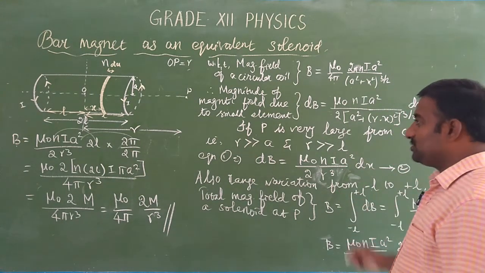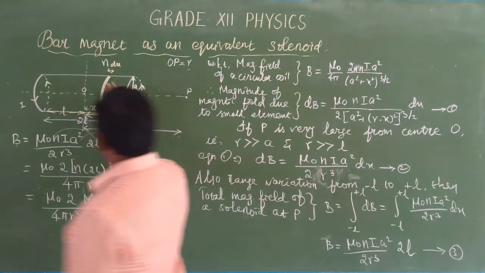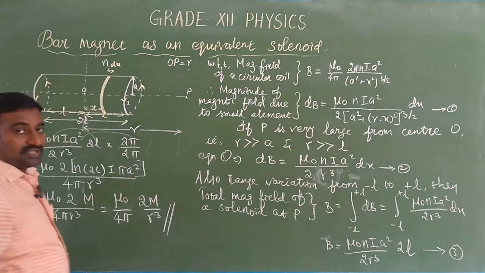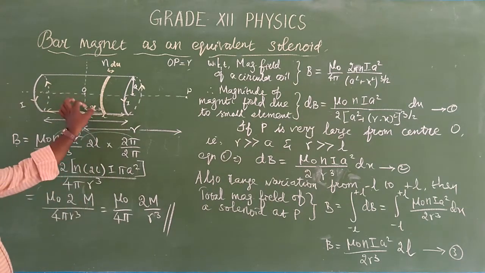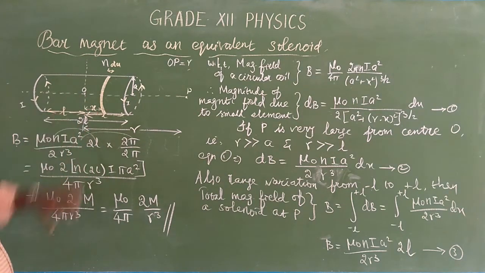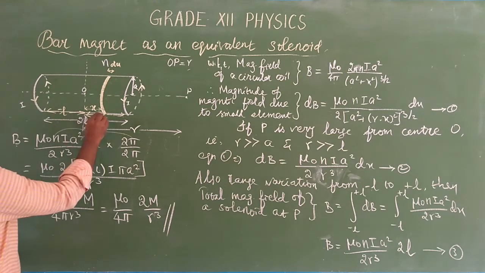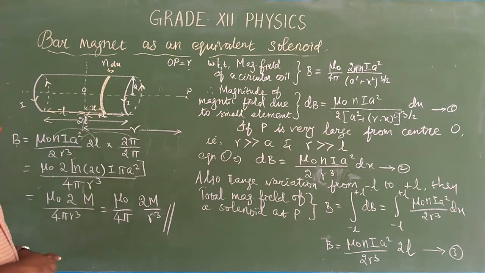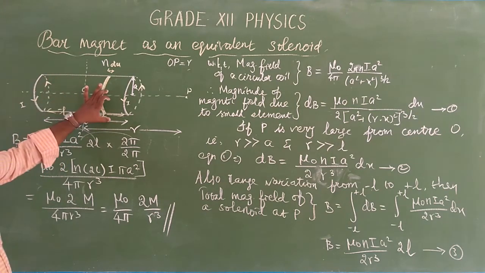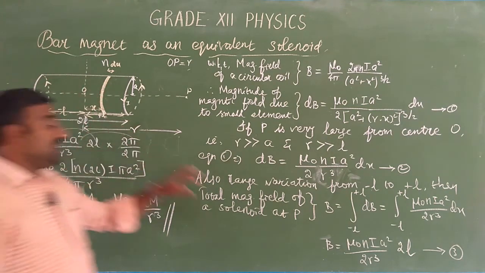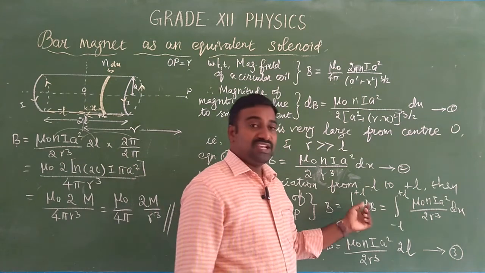Okay, so this is the small magnetic field produced by the small turns, but we want to obtain the total magnetic field, and this distance variation is from minus L to plus L. Therefore we need to integrate for the entire solenoid. So the total magnetic field of the entire solenoid is the integration from minus L to plus L of dB.